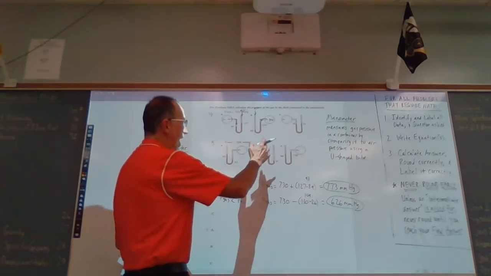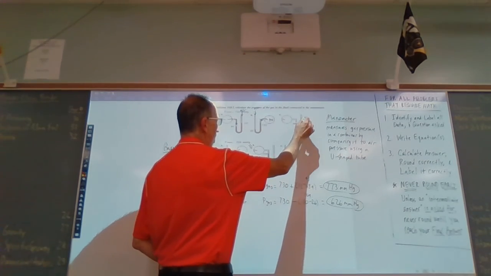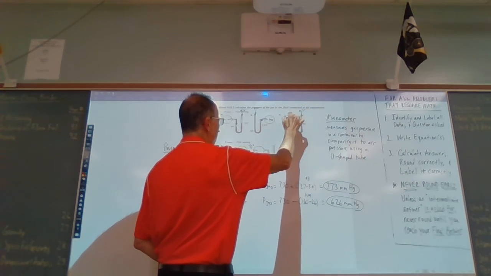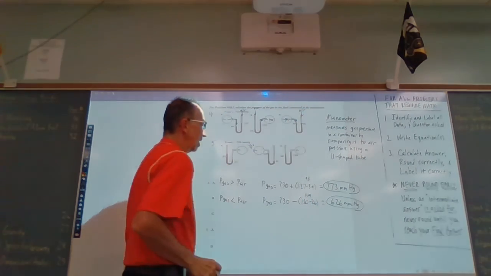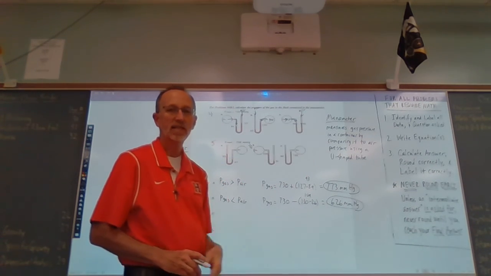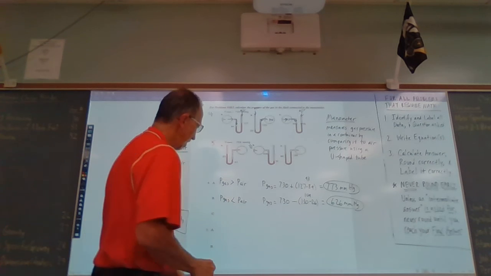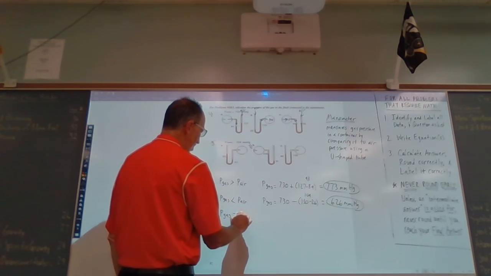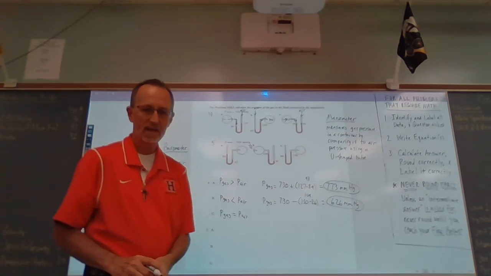Now, in this last one here, I want you to look. Again, here's the air pressure pushing from this side, the gas pressure pushing from this side, and look at the levels of mercury in the U-shaped tube now. They're exactly the same on both sides. What does that tell you? Well, it tells you that the pressure of the gas is equal to the pressure of the air from the outside.